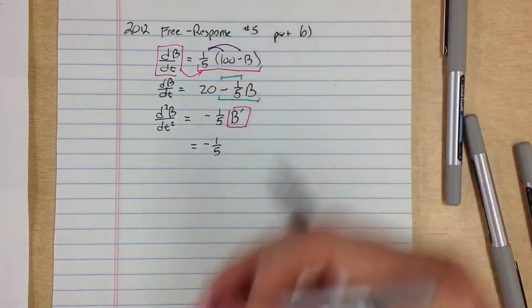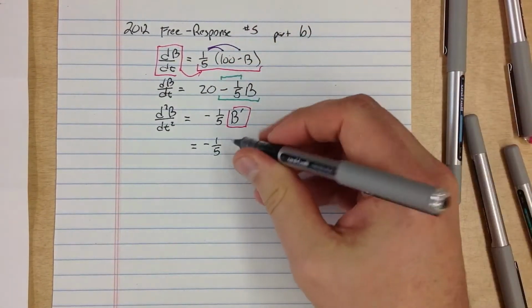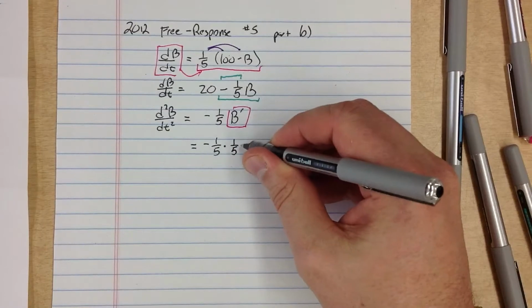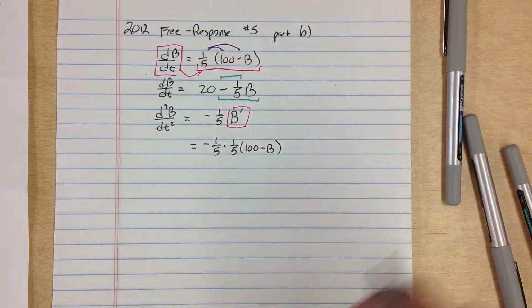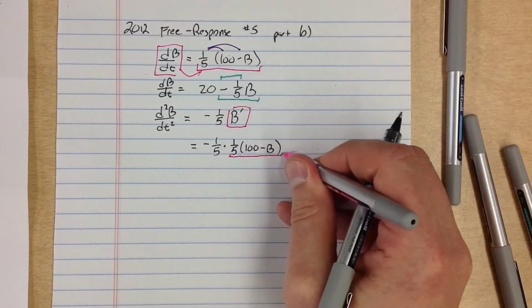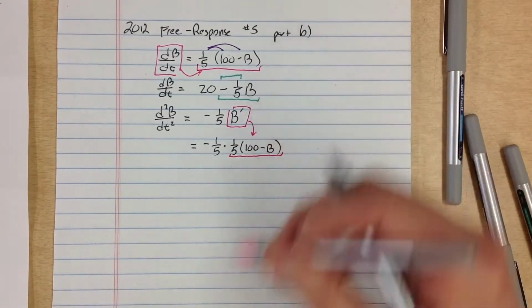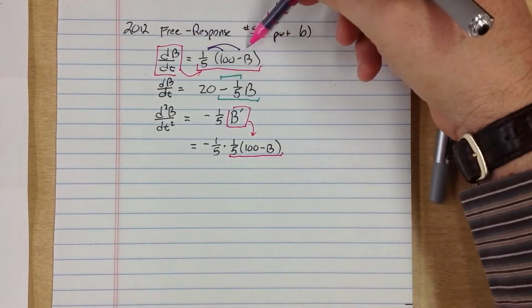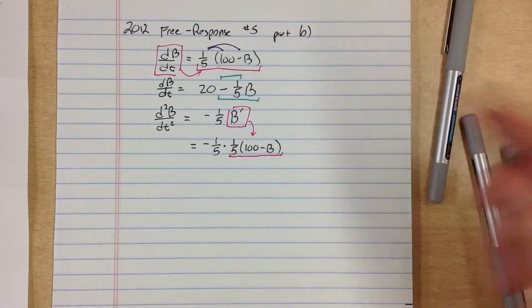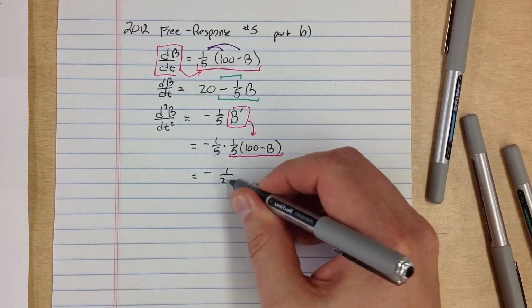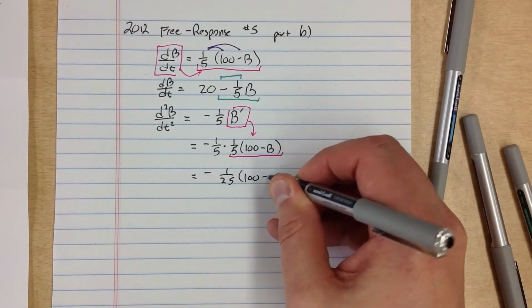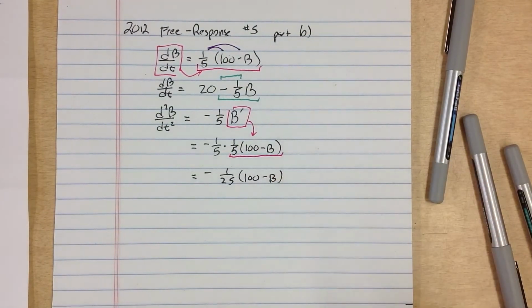So I'm going to have another 1/5 times 100 minus b. So then this is the substitution that I've made for my b prime, because dB dt equals this expression. Now I can just simplify that by multiplying the two 1/5s together. I get negative 1/25 times 100 minus b, and I can probably just leave it like that.